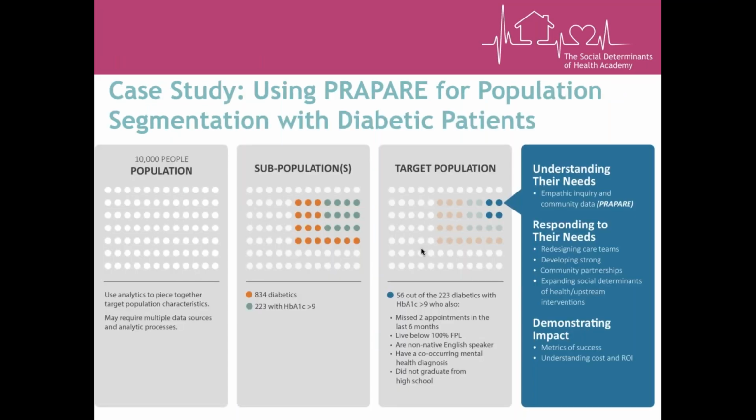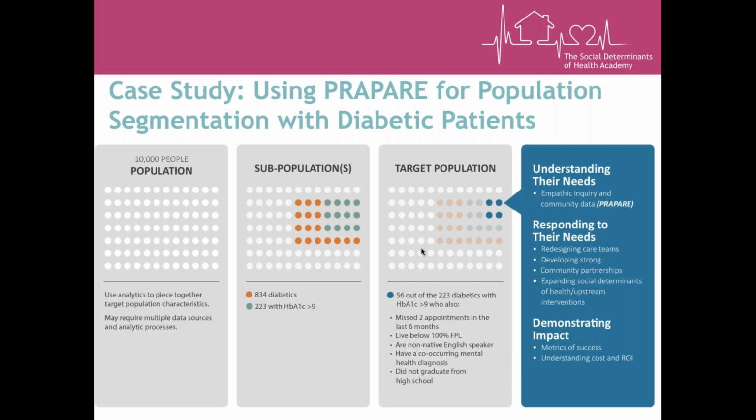Next slide, please. So let's apply this to a case study. This can help you think about your 5 Rights, and also how the population of focus affects your workflow model. In this case study, you have your general population, which is on the left, and you decide that you would like to focus on your diabetic population because you're having some trouble meeting the outcomes that you're ultimately hoping to have with that population.